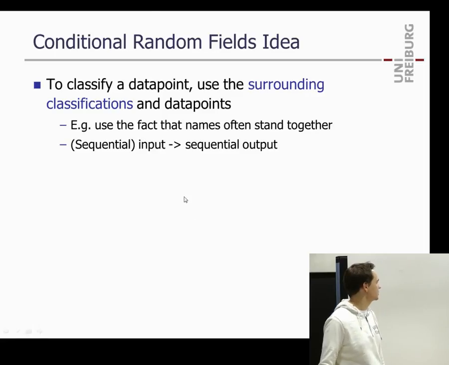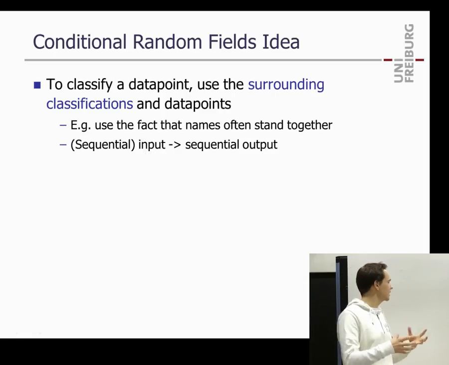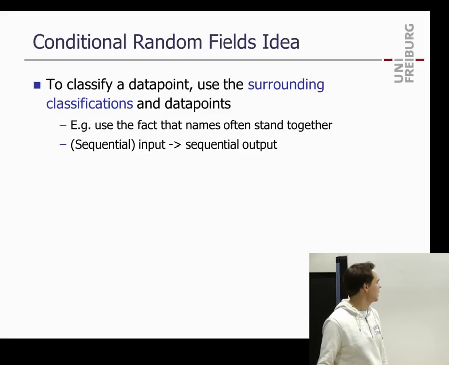So before we had always a single input to a single output, like one word to person or not person. Now, what the conditional random fields idea says is that naturally it's a sequence. A sentence is not isolated words, but a sequence. And so it will take a sequential input and give a sequential output.